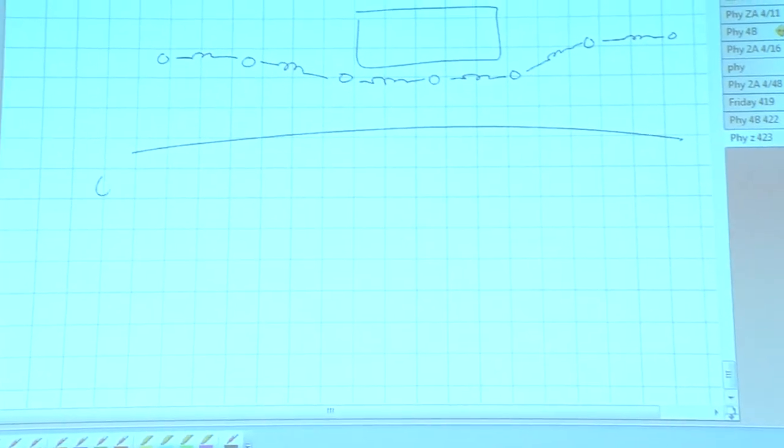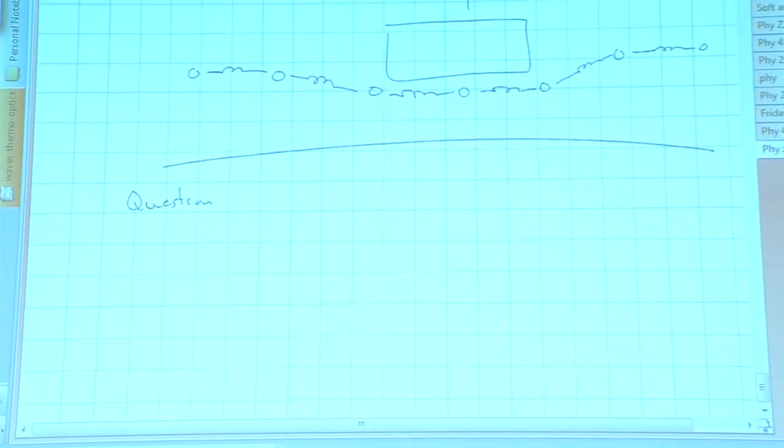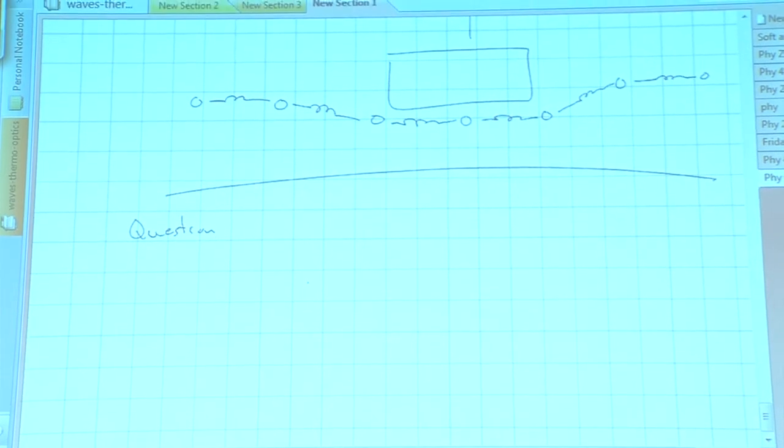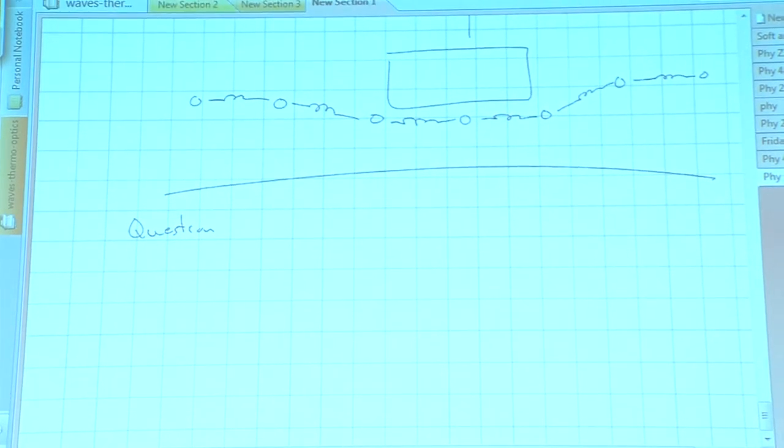Let's say I've got some blocks. I'm pulling on some blocks that are on a frictionless surface. So we've got block A. And we've got 2 blocks.